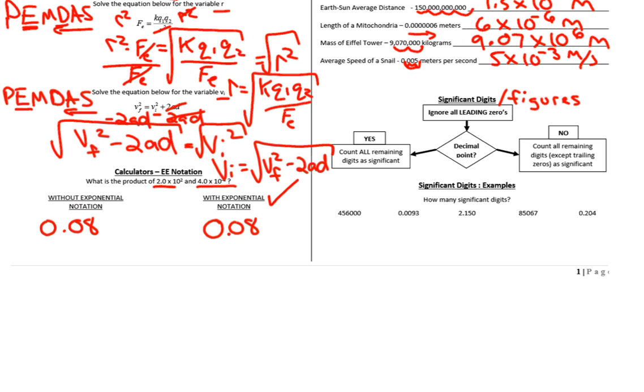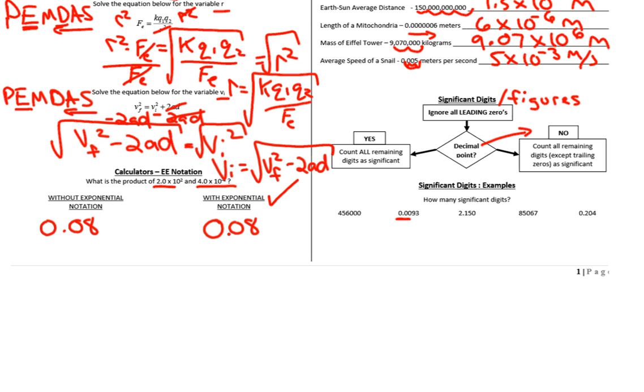So you ignore all leading zeros. A leading zero would look like this right down here. All of those are considered leading zeros. If there isn't a decimal point, go to the right. Count all remaining digits, except for trailing zeros, as significant.